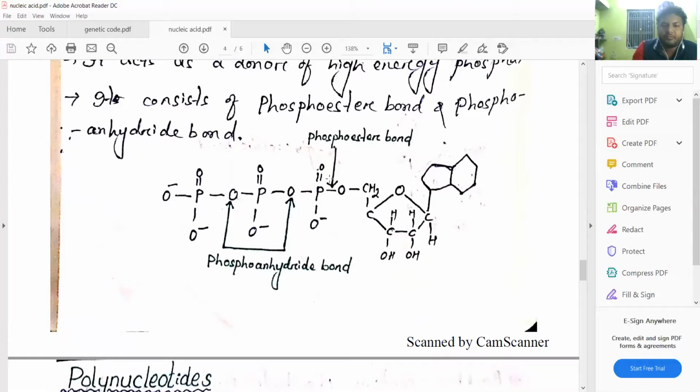So this is the phosphoester bond, which is present between P and O, and the bond present between the phosphate groups is the phosphoanhydride bond. Okay. So this molecule has a general formula NTP, that is, nucleotide triphosphate.